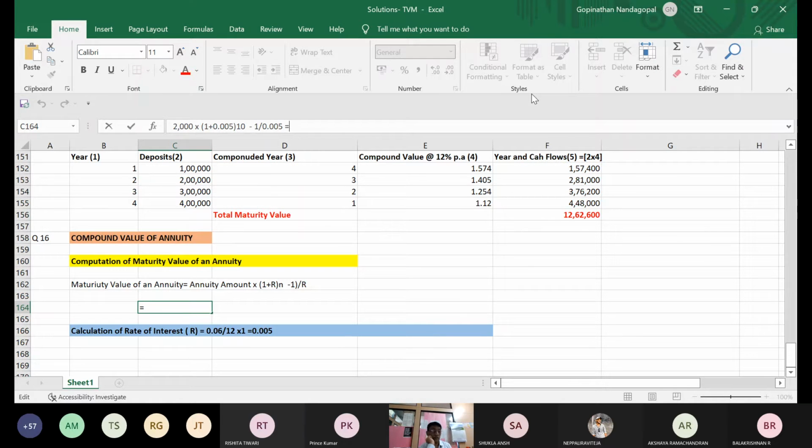So 20,456.05. So we'll take it as 57. Yes or no?